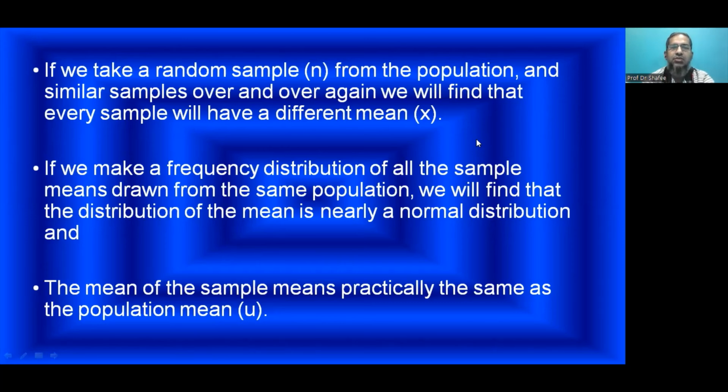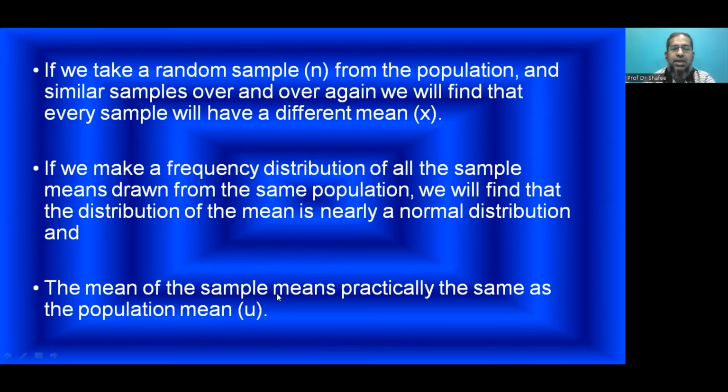Like in the case of the normal curve, where we put the values on the x and y axes and got the normal curve, the observations were lying around the mean. Now in this case, where we have various sample means, these means will be distributed around the population mean, which is denoted by mu.